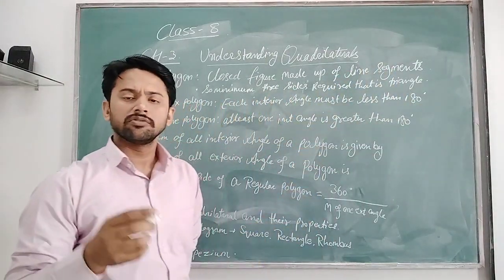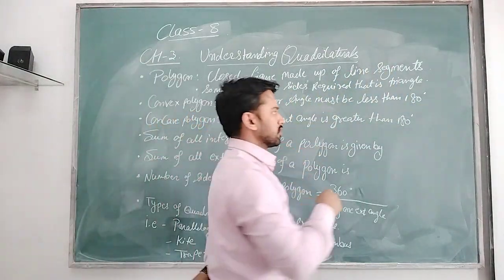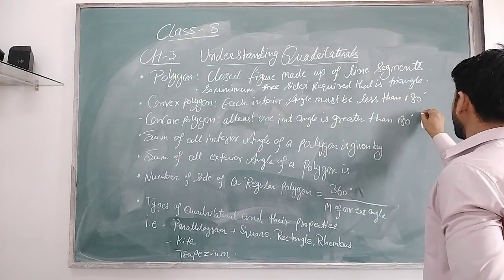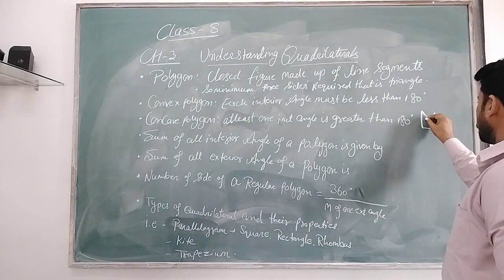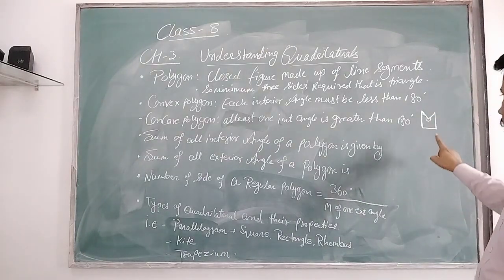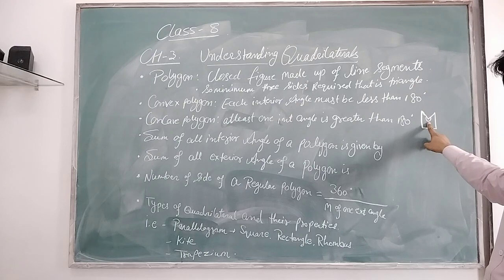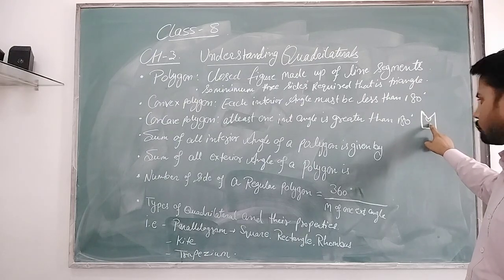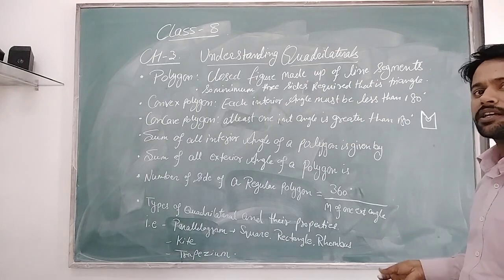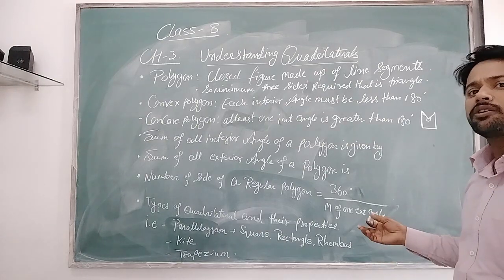Sir, how can this polygon be formed? Just have a look at this diagram. This is the interior angle, and that is greater than 180 degrees. This interior angle is also greater than 180 degrees. This can also be said as a reflex angle. So if there is any reflex angle in a polygon, then that polygon will be a concave polygon.